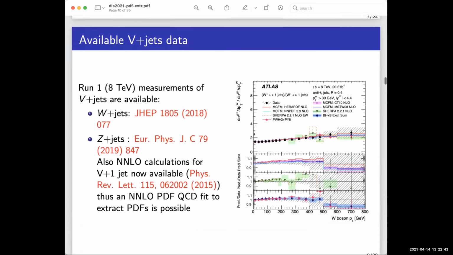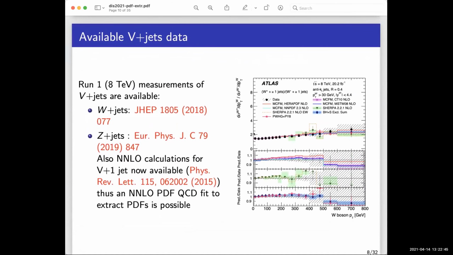We have measurements, which is another reason to include this data. We have the 8 TeV measurements of vector boson plus jets, which is really good statistics. These were published in early 2018 and in 2019. And here I show on the right just an example of W plus jets compared to various predictions.